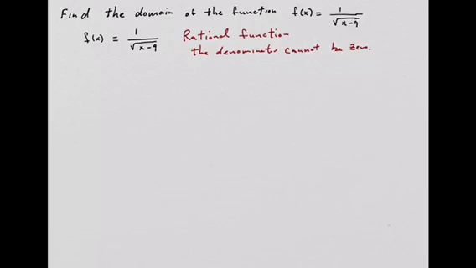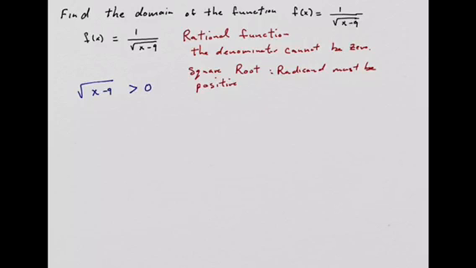In addition, since we have a square root, the radicand must be positive. That means the square root of x minus 9 has to be greater than 0, because it can't be 0.